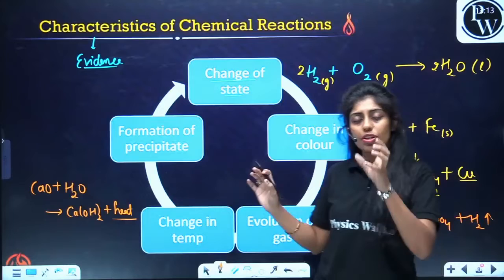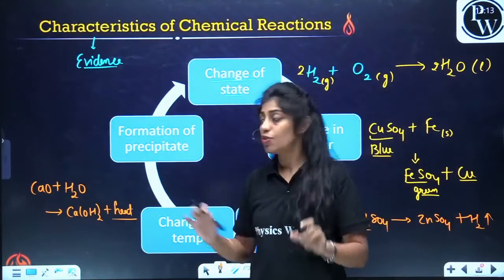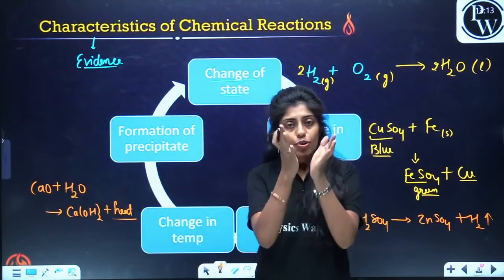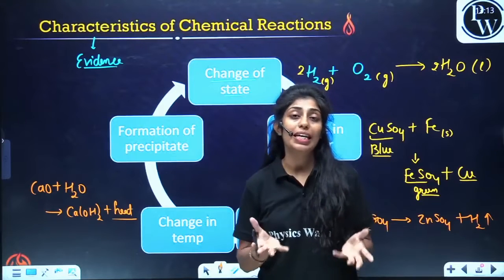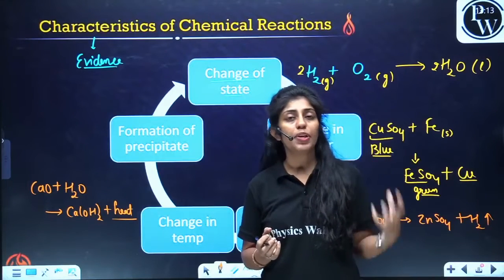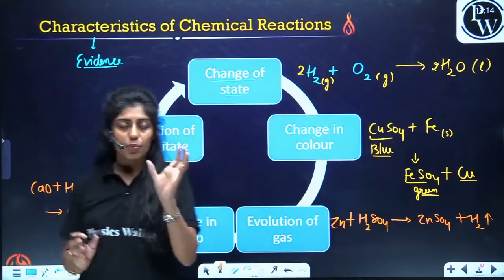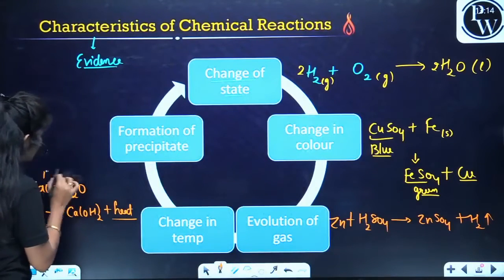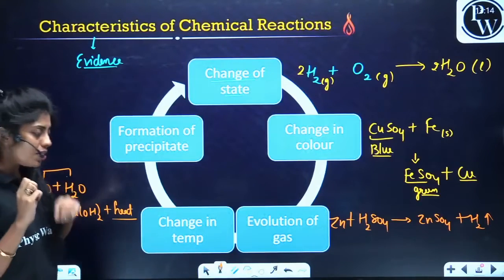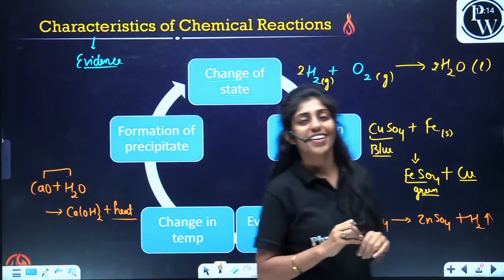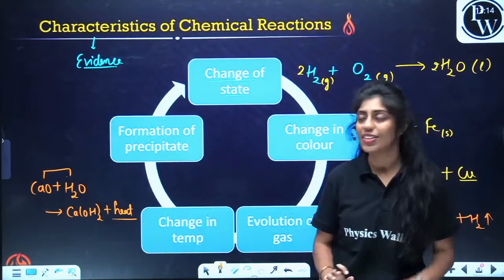Suppose there is a beaker in which this reaction is taking place. The beaker boundary will be heating up. The temperature of the beaker will increase, so I can understand that when these two reactants were reacting together, there was evolution of heat. So this is also one evidence.